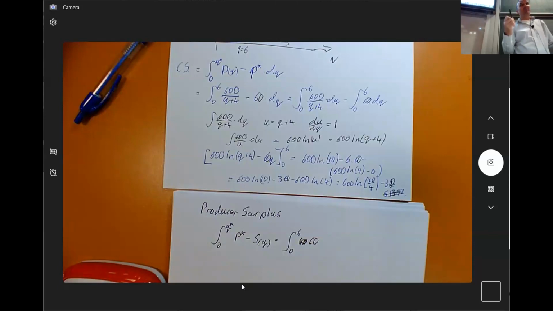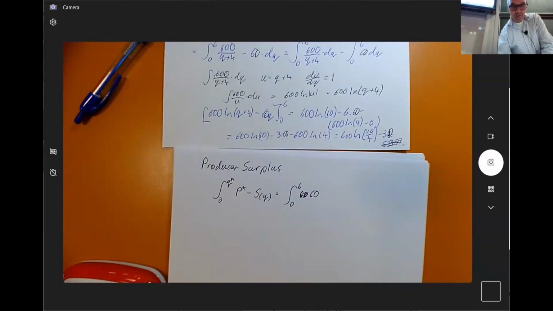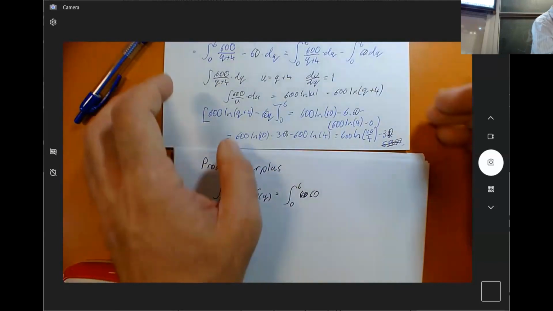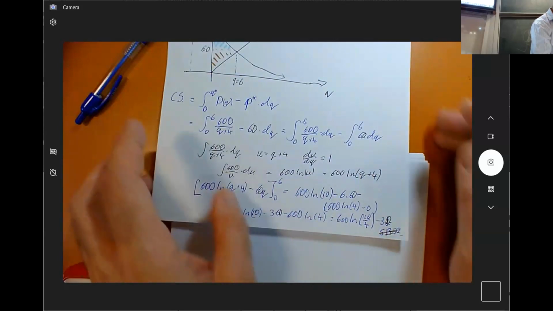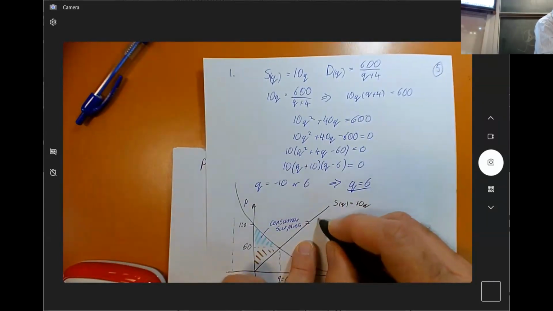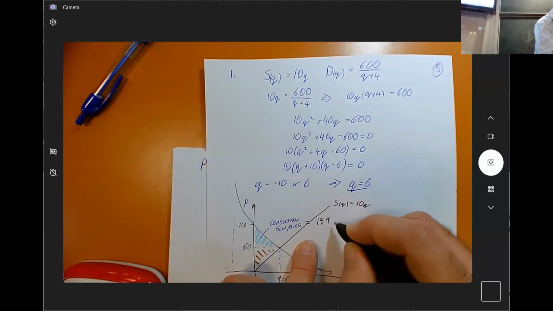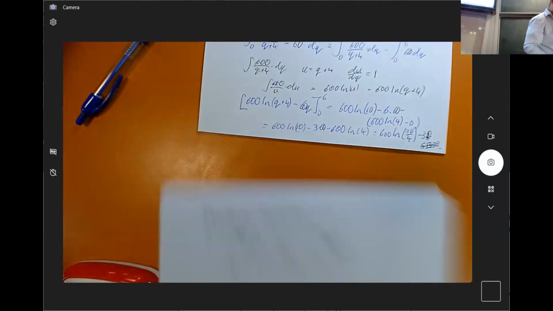I put in Q instead of P star, and so this number is actually out. Why don't we go straight back to Excel and see, if I go here, that feels a lot better. I'm going to put it over here. Consumer surplus is equal to 189.77 dot dot dot. Okay, sure, sounds like a thing.